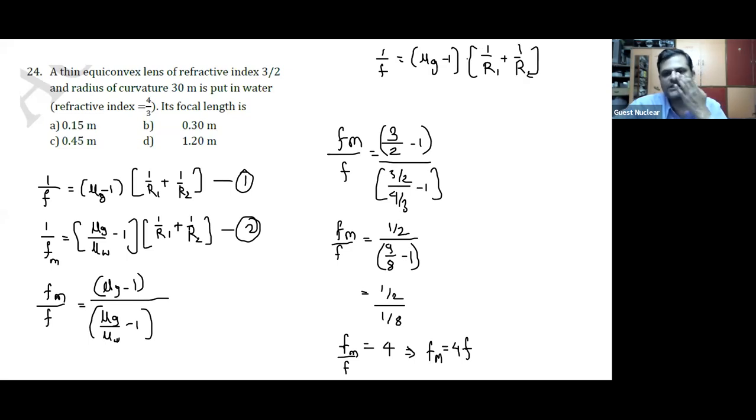So 1 upon f is (3/2 minus 1) into (1/30 plus 1/30), since the radius of curvature is given as 30 and the lens is equiconvex, so both radii are the same. 3/2 minus 1 becomes 1/2, and in the bracket 1/30 plus 1/30 is 2/30.